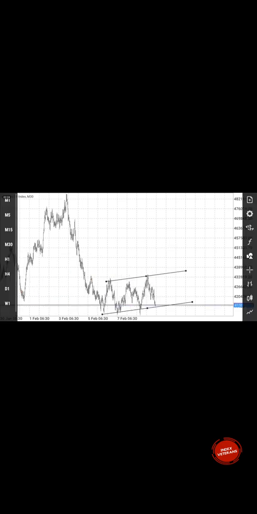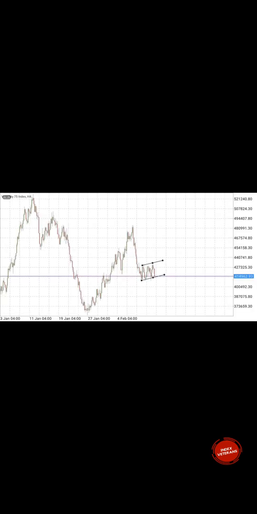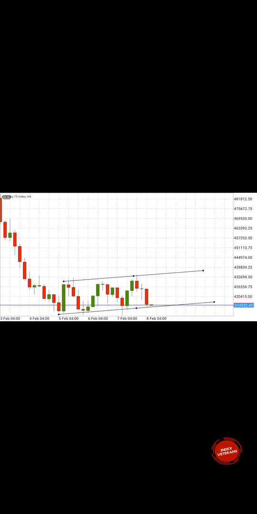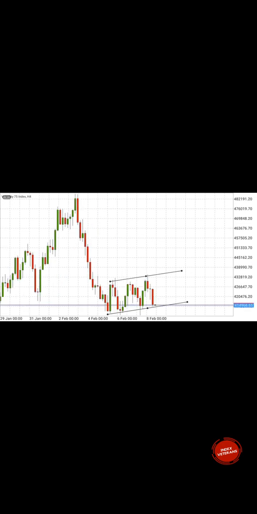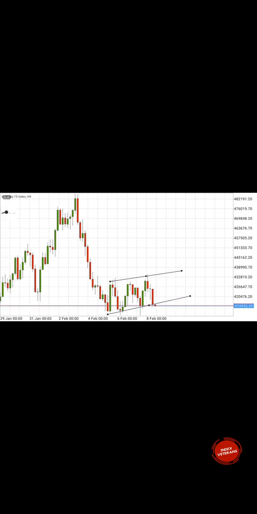Anyway, use whatever time frame, but not the 4 hour. You can use the 4 hour, but you might not get that, because the 4 hour gives you another chart pattern. On the 4 hour you have to drop these to here, and you have to hold in case there is a break above or a break below.